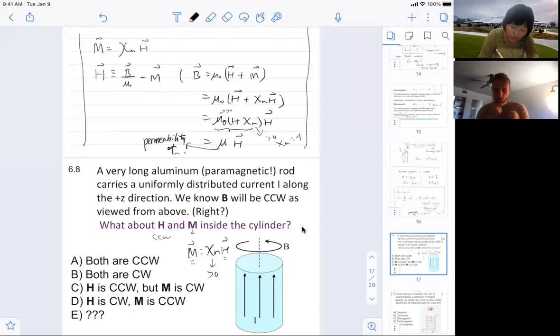Yes, because we're talking about a paramagnetic material. Very good. For this kind of material, it's larger than 0 and it's also counterclockwise. If they had given you a different material, say diamagnetic, then M would be clockwise, right? It would be flipped. Very good. So this one is correct.